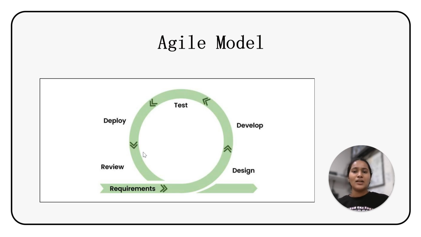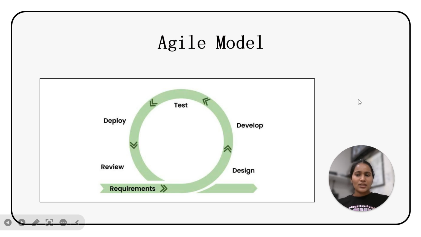Now let's discuss the advantages and disadvantages of this model. In this, 2 programmers work together, due to which the code is error-free and there are very few mistakes in it. In this, the software project is completed in a very short time.